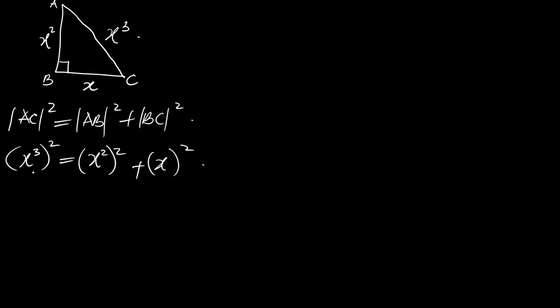So this is the same thing as saying, according to the law of indices, if you have a to the power m all to the power n, it is equal to a to the power mn. So the exponents will multiply each other, that is m times n. That is what we're going to use here.